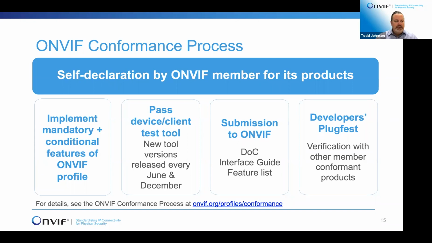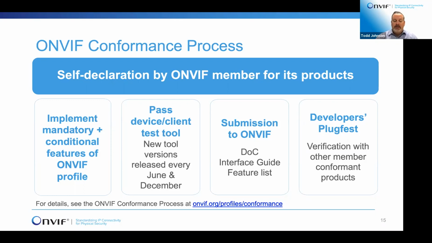One thing to note here is we have a group of software developers that continually iterate on these test tools, and they are released every 6 months, in June and December. So they're continuously being updated. A device or client that passes the test tool with a newer version, you can be more confident in the results than something that passed the test tools, say, 6 years ago.